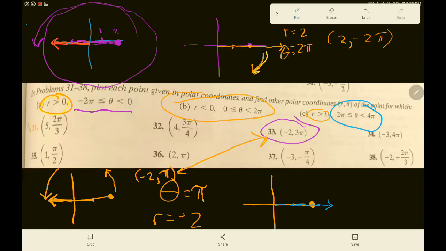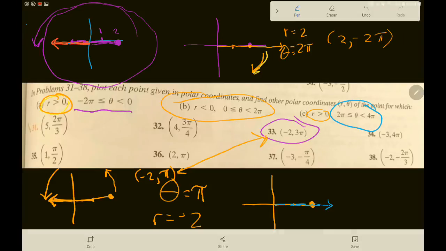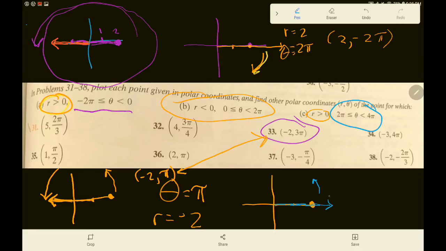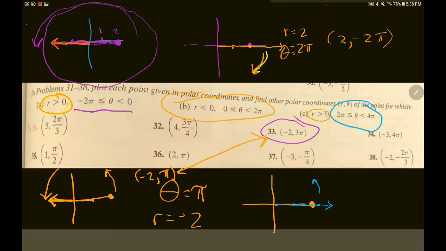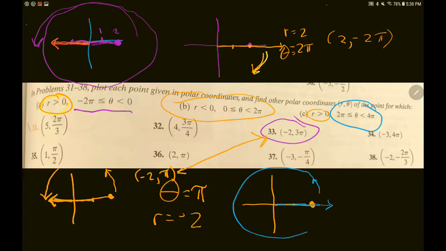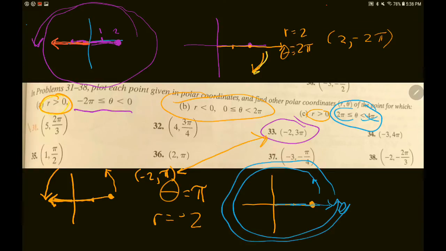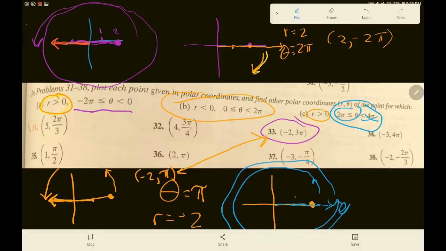2 pi is once around the circle in this regular direction. So between 2 pi and 4 pi would be somewhere between once around the circle and a whole other time around the circle. And they don't want 4 pi to be included, so 2 pi has to be what we're looking for.